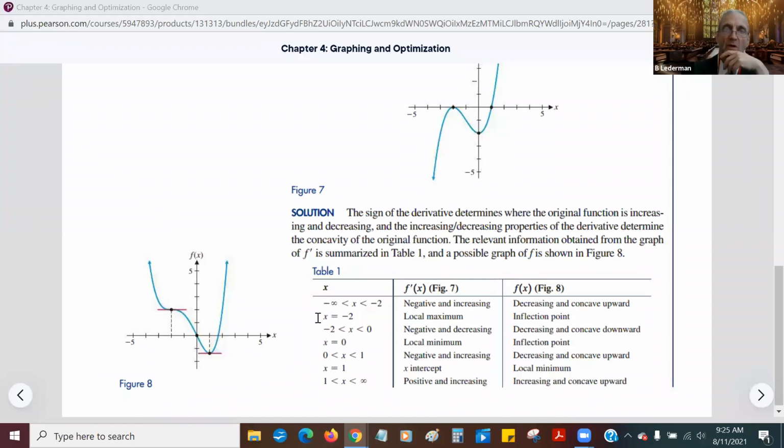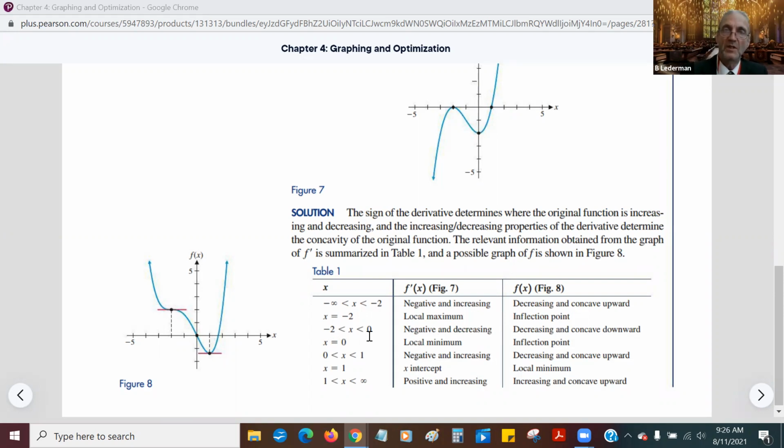When x is -2, the derivative has a local max, which means that x equals -2 must be an inflection point, because if the derivative has a local max, that means the second derivative is going from positive to negative, it's changing sign.